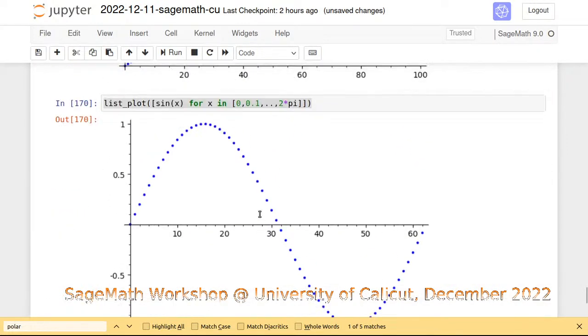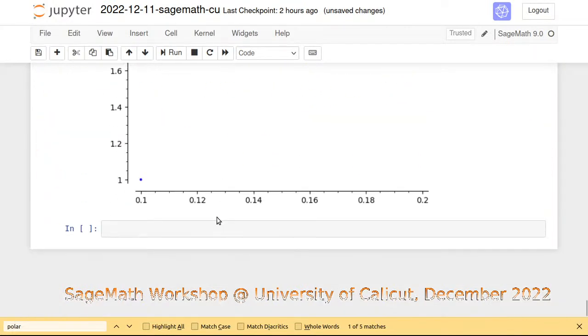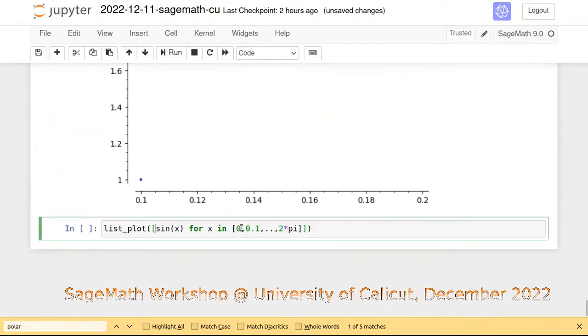So this is happening. Now if you want to map this sine curve in this way, we actually have to find out the dictionary like this: x colon sin x. But in that way you are not going to get actually a list of points. Okay, let us see anyway.